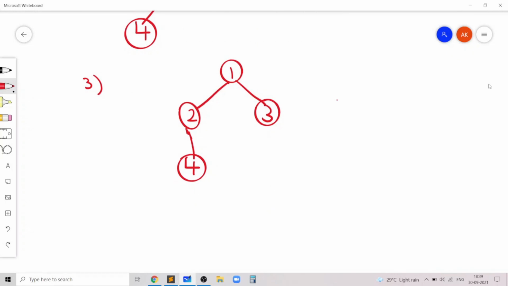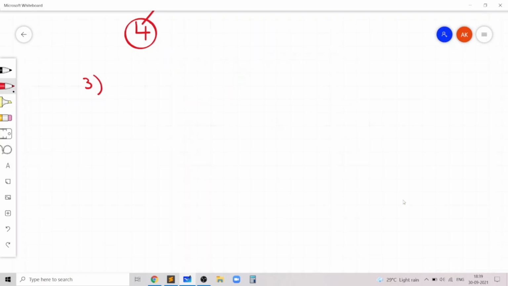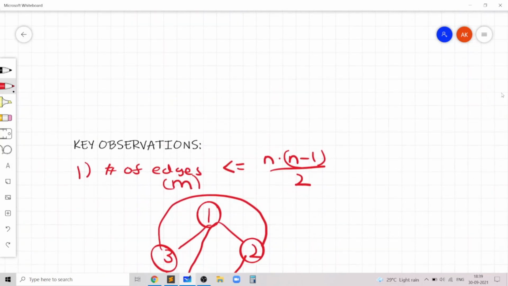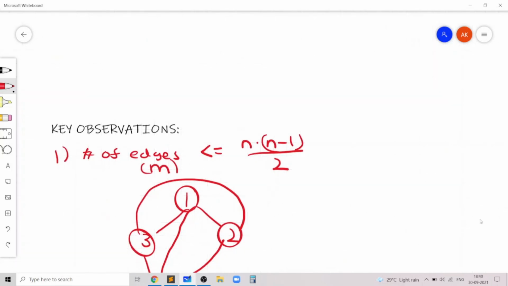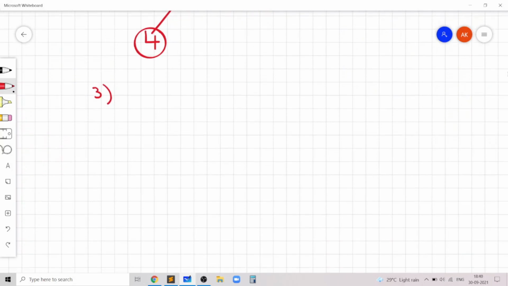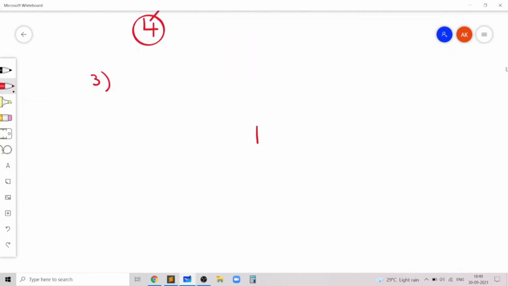So in that case, let's try to find a case where we minimize the diameter. Since we want to make sure that the diameter is as small as possible, or less than or equal to k, let's try to find the minimum possible diameter. To do that, it's going to be optimal to keep all nodes as close to each other as possible. So that's the greedy idea which we'll apply. We want to keep all the nodes as close to each other as possible.